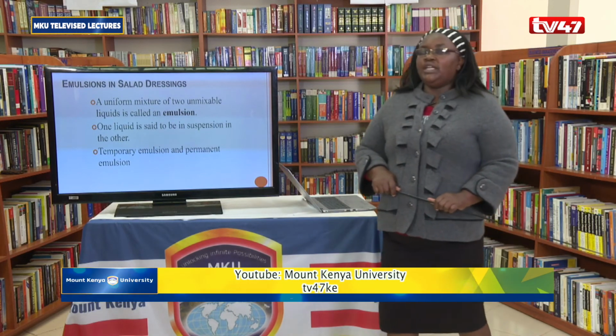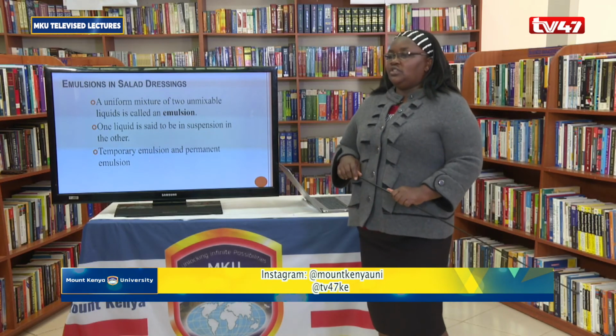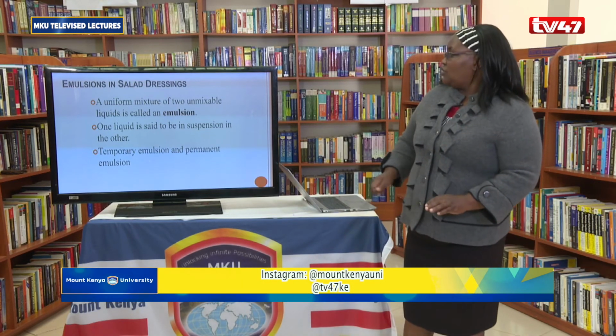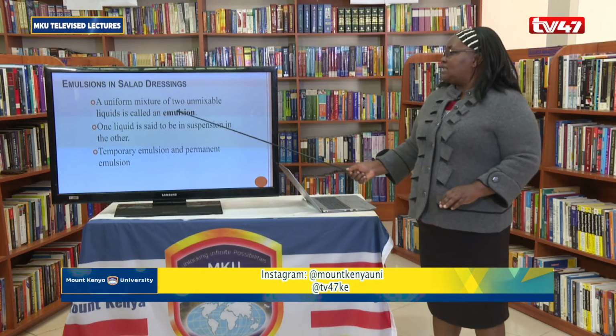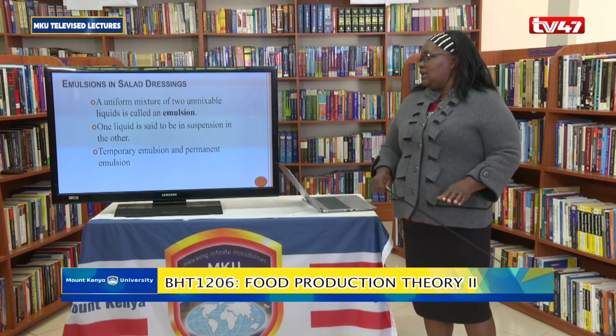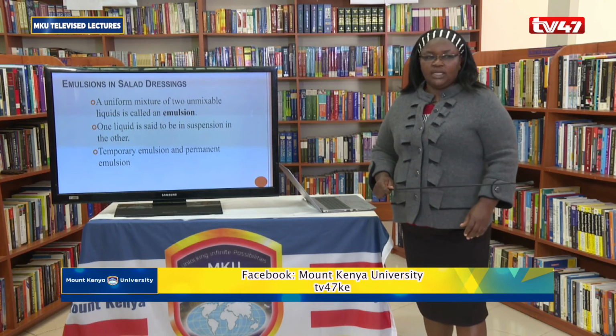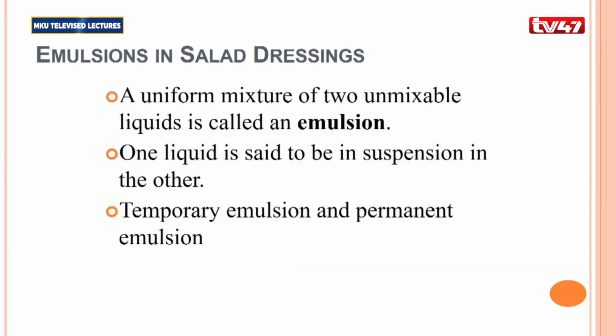Then we need to understand what an emulsion is, because an emulsion usually occurs in salads. We usually say that a uniform mixture of two unmixable liquids is called an emulsion. In other words, one liquid is said to be in suspension in the other. And you know that one is usually heavier, either oil or water. So one of them will suspend on top.